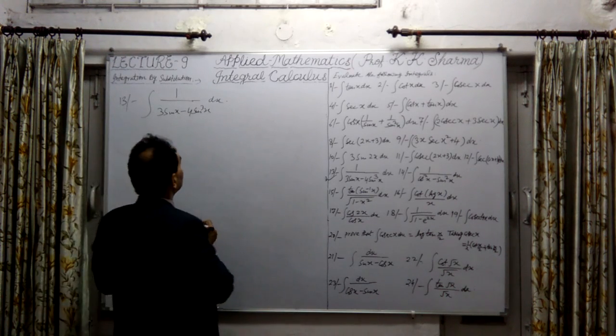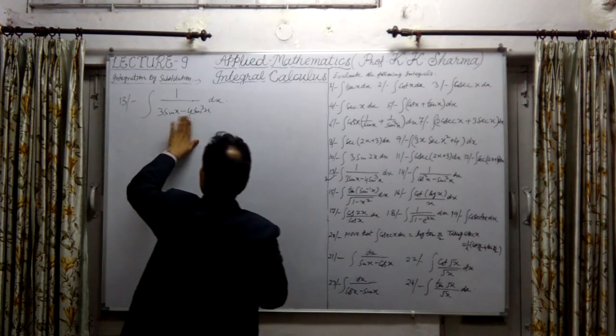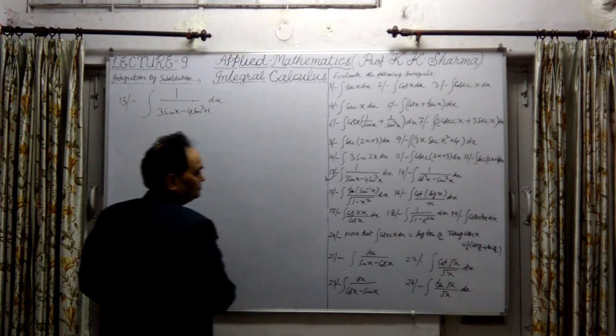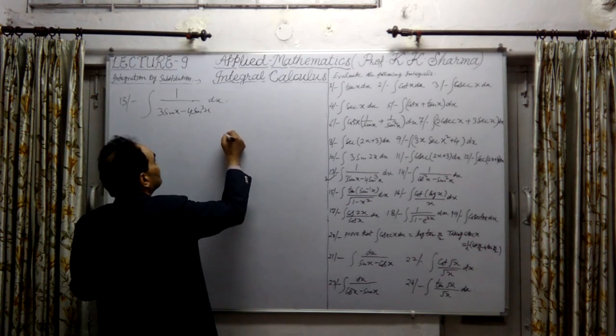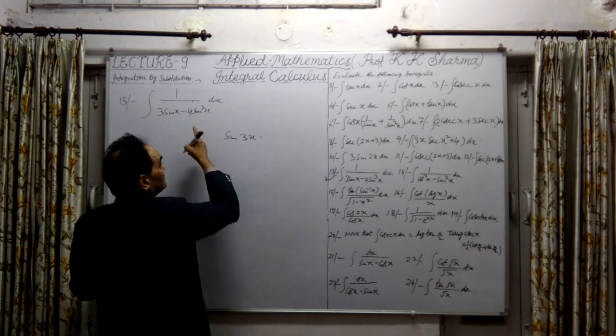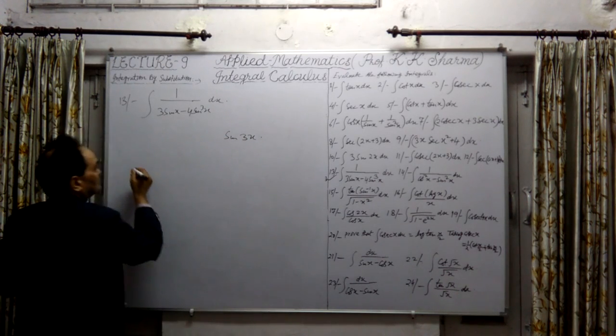Right, we know that this is the formula for sine 3x: 3 sine x minus 4 sine cube x. Yeah, because we know what sine 3x is. Let me solve sine 3x. This is the formula for sine 3x, right?